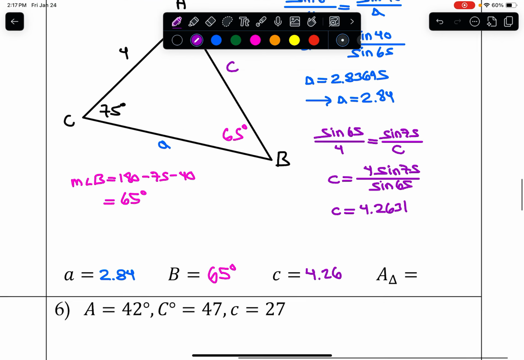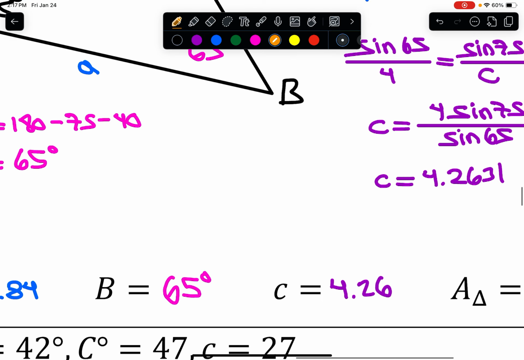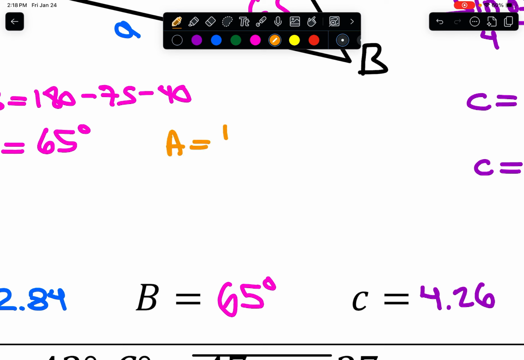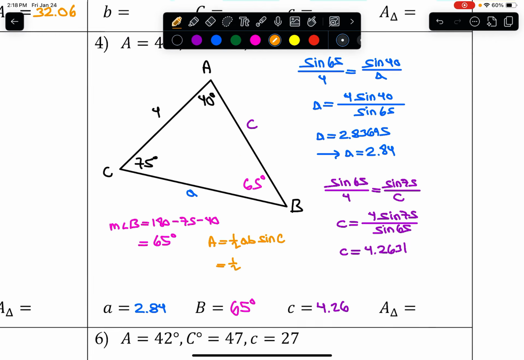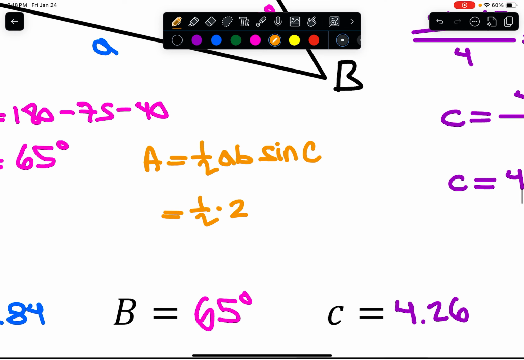And then I just need to find the area. So I'm going to do one half AB sine C. So 1/2 times my A value, which I'm going to use the 5 decimal value, 2.83695, times my B value, which is 4, and then sine of C, which is 75.